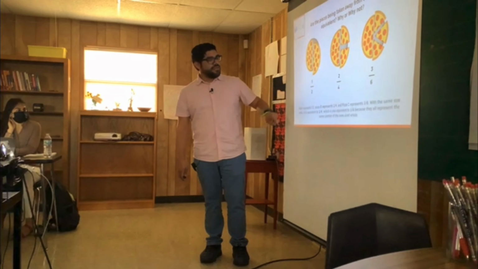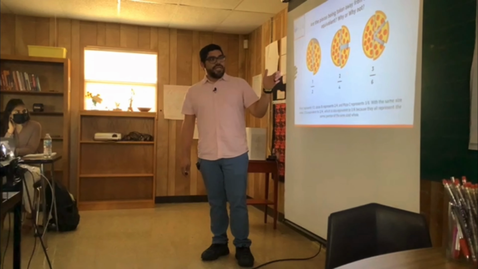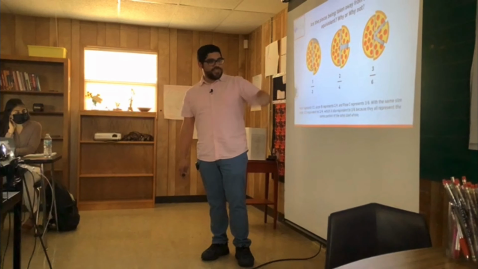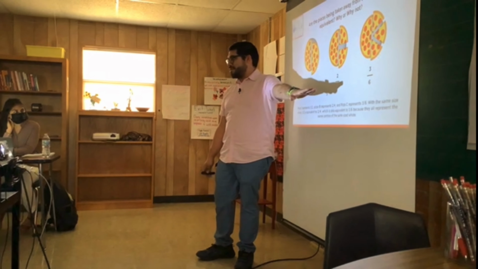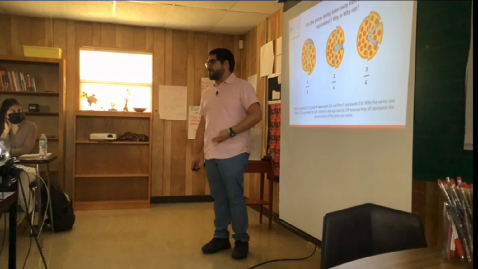But pizza A represents 1/2, pizza B 2/4, and pizza C represents 3/6. Each one of those has the same size whole, and 1/2 is equivalent to 2/4, which means 2/4 is equivalent to 3/6. So knowing that, is 3/6 equivalent to 1/2?